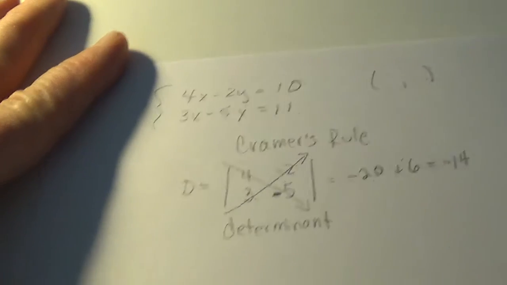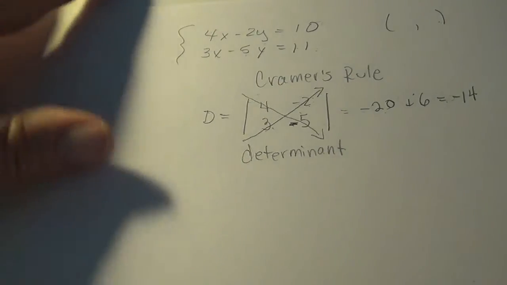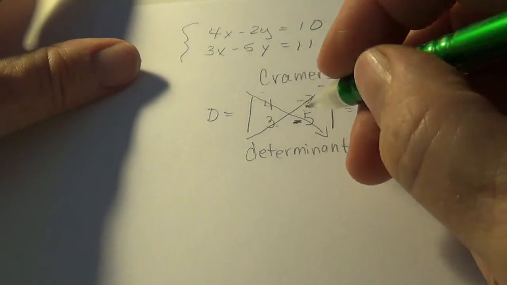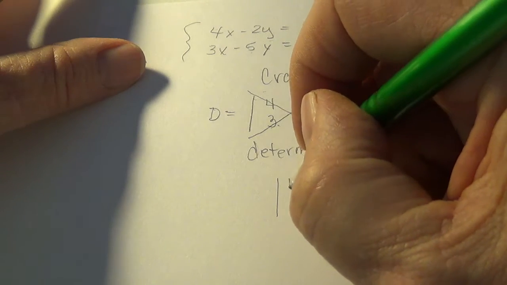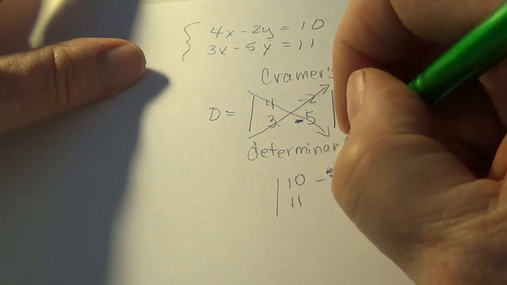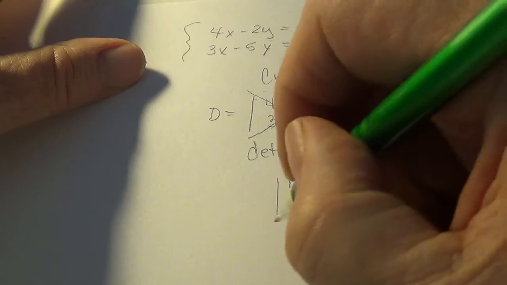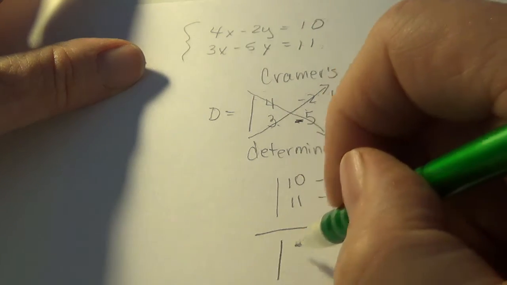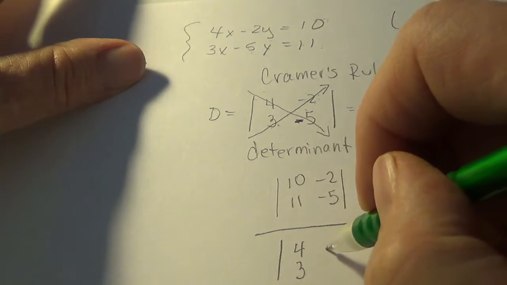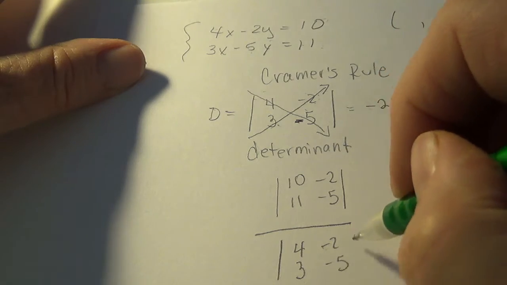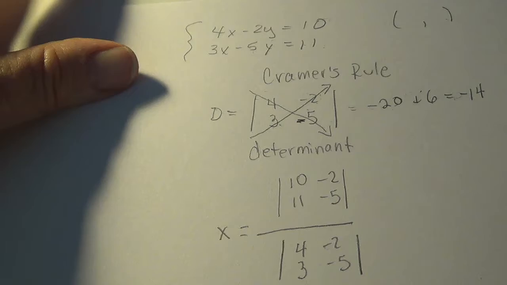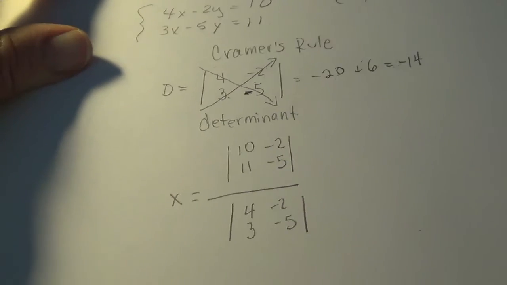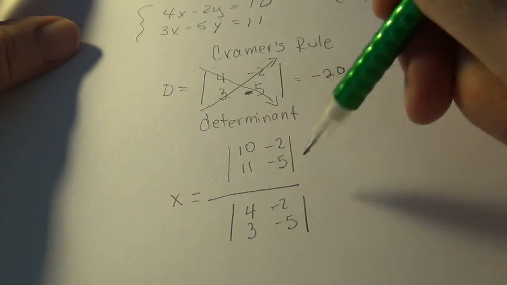To do that, Mr. Cramer noticed that if you set up this determinant and this determinant, you will get the x value for this system. So let's investigate where these numbers came from.